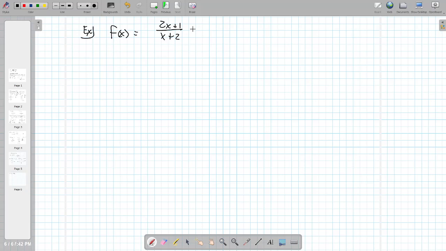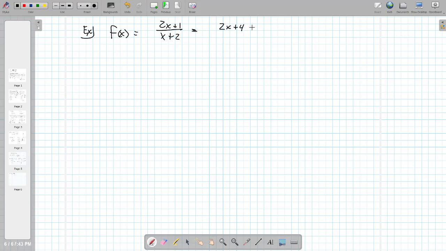We have to apply a little bit of processing before we can actually view it as such, but we can do that. So first thing I'm going to do in the numerator, and this is a trick that you'll pick up after doing a bunch of these problems, is add and subtract 3. Now, why am I adding and subtracting 3?